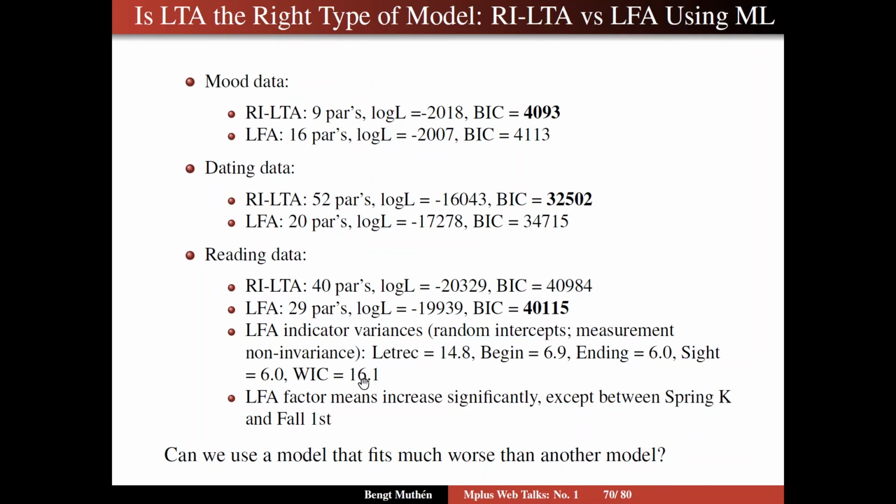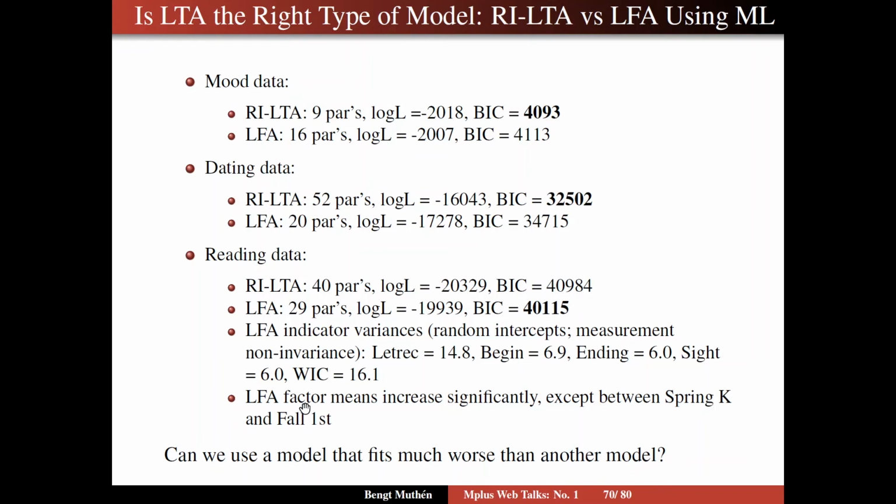So a large degree of measurement non-invariance for the first and the last indicator. So then you can speculate about that substantively, why does that happen? Does it have anything to do with the fact that letter recognition is the first reading domain that you master, and words in context is the last domain? You can investigate that and think about that.